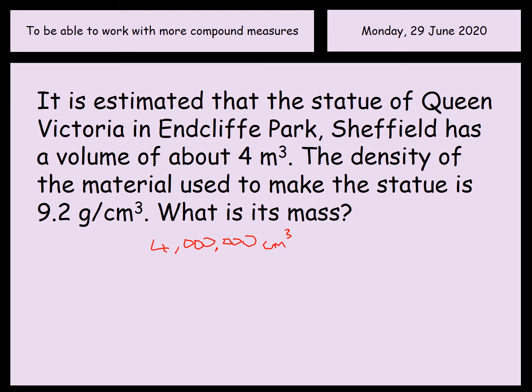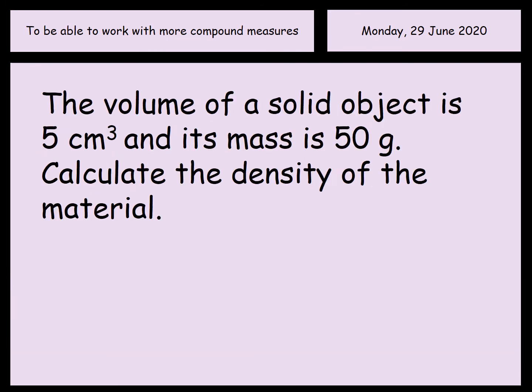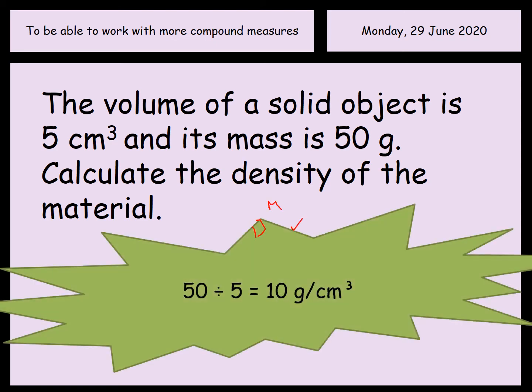And again, if you do this multiplied by this, you're going to get an answer, which is 36,800. Next, volume of a solid object is 5 centimeters cubed and its mass is 50. Calculate the density. So again, density, mass, volume. Calculating density, so we're doing mass divided by volume, which is 10 grams per centimeter cubed.